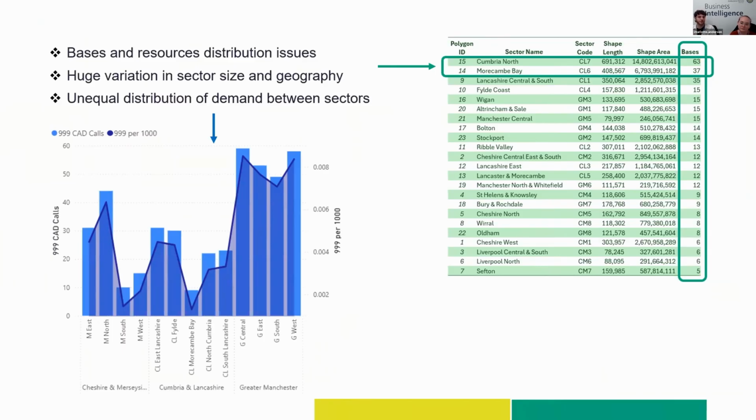So one dispatch board has to manage essentially 63 bases, whereas if you go all the way down towards Sefton in Merseyside, which includes places like Southport, there are only 5 bases, but it's still quite a busy area in terms of demand. That huge variance in sector size and geography creates quite a complex scenario.